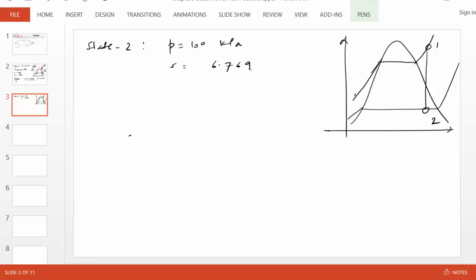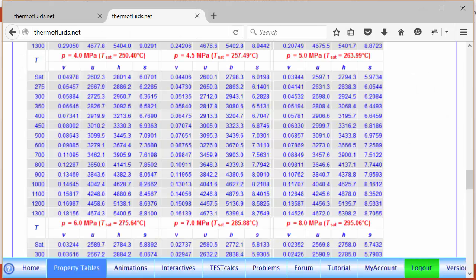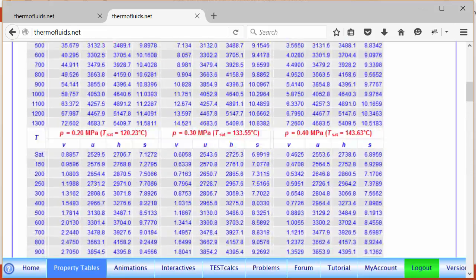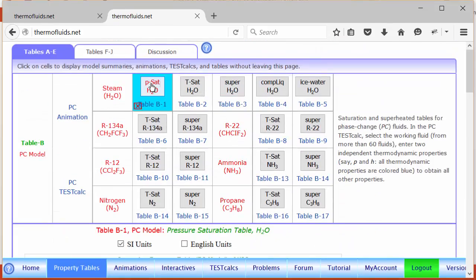To find SF at 100 kPa, because remember this is the 100 kPa line, this is my F point and this is my G point. SF at 100 kPa and SG at 100 kPa we can easily determine by going back to the table. We know the pressure, so we'll again go to the pressure saturation table.